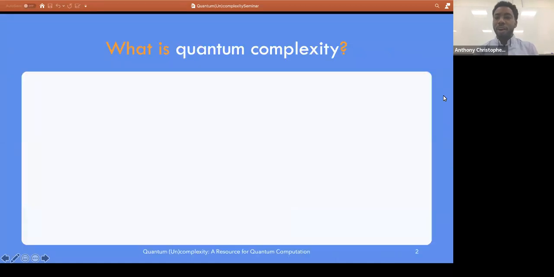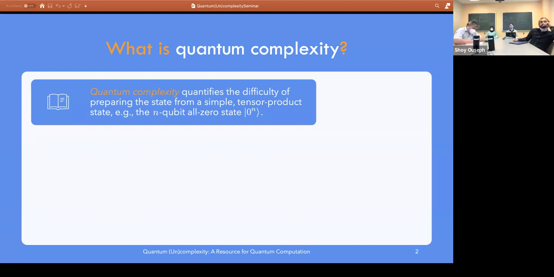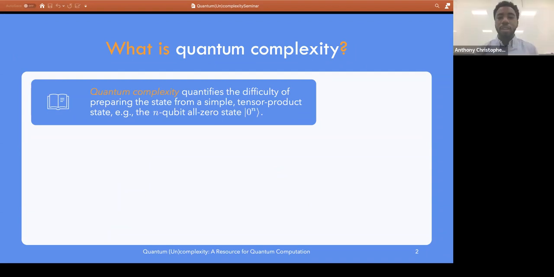So before we talk about uncomplexity, let's just get straight what quantum complexity is. Quantum complexity quantifies the difficulty of preparing a given quantum state from a simple tensor product state. The natural example that we will use throughout the talk is just the n-qubit all-zero state, and that typifies a state with low complexity.